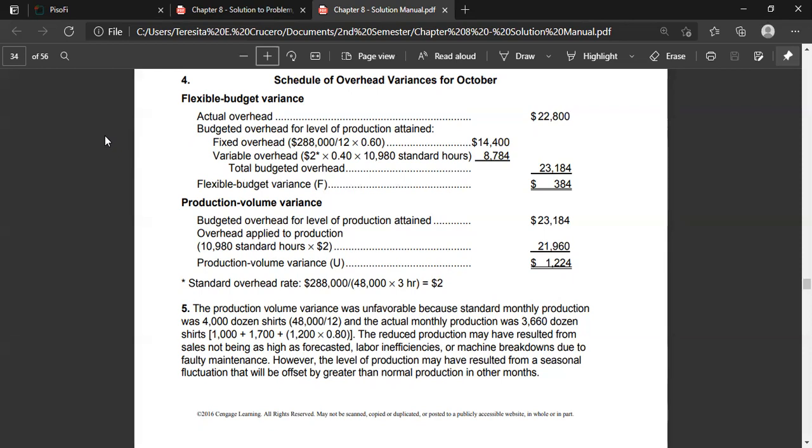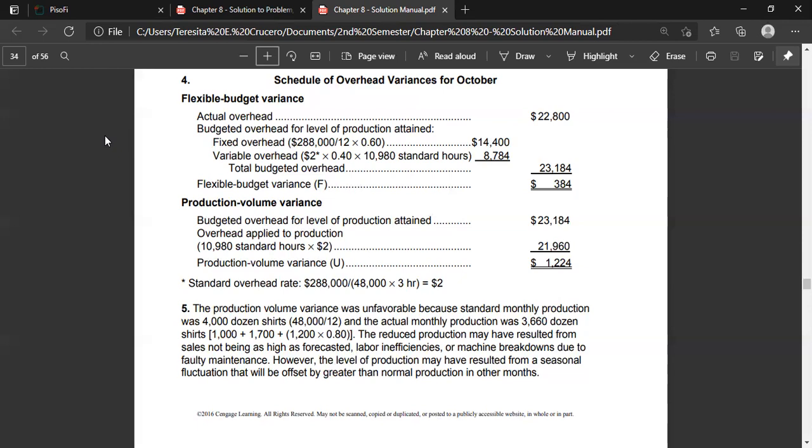The production volume variance was unfavorable because standard monthly production was 4,000, so we now get 48,000 divided by 12.